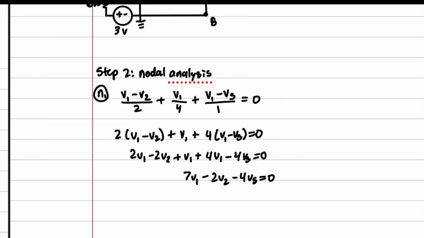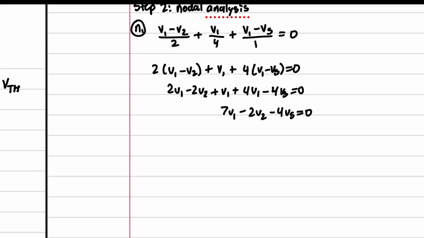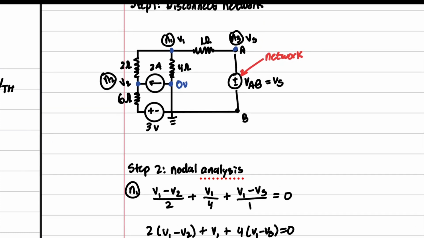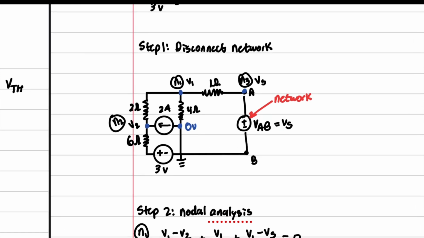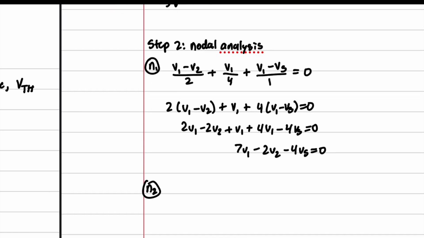And there we go. We have 7v1 minus 2v2 minus 4vs equals 0. Now we're going to do node 2. Right here we have v2 minus v1 over 2, v2 minus 3 over 6, and we have negative 2 going into the node.